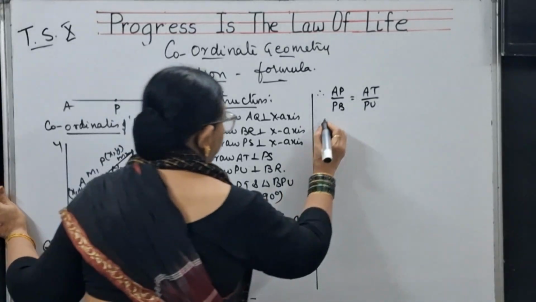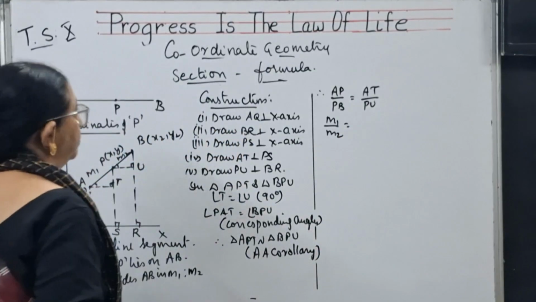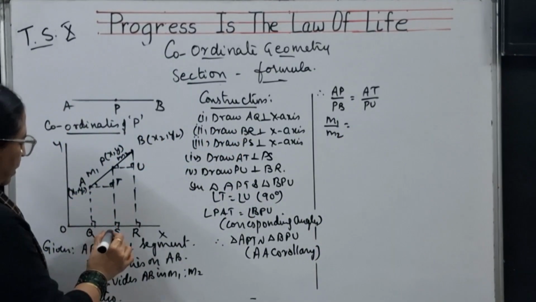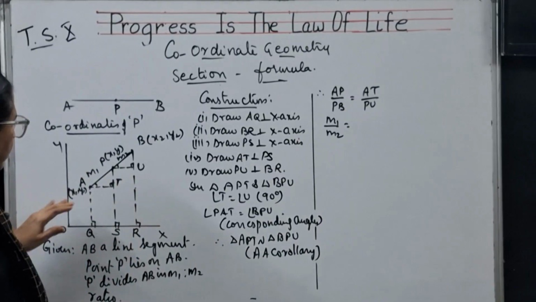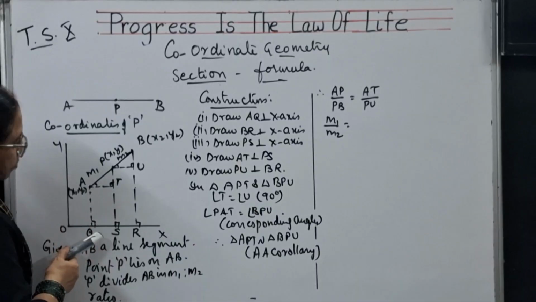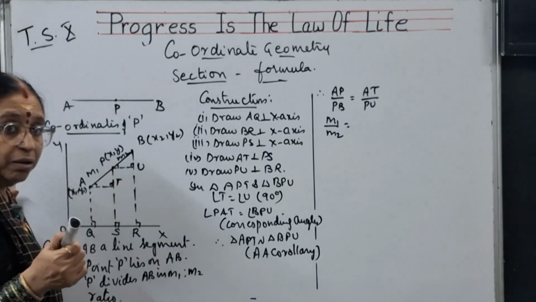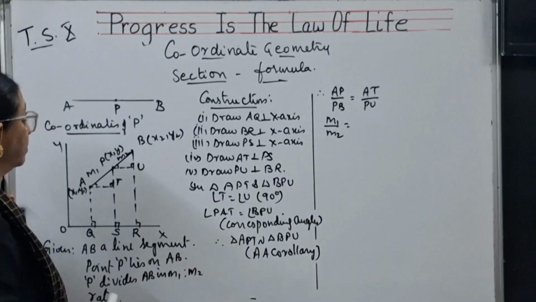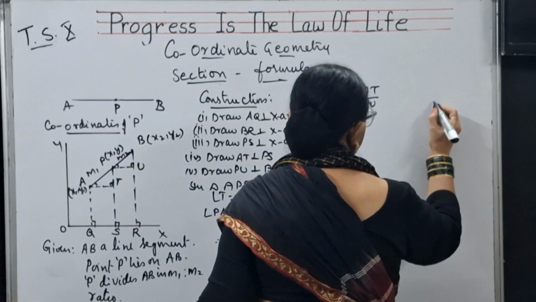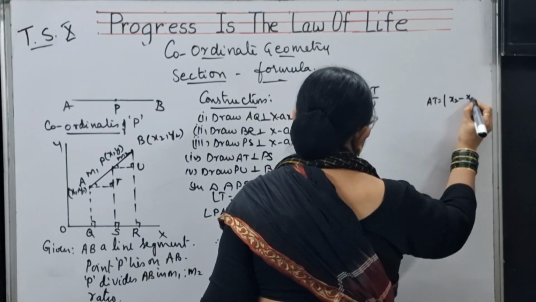So m1 by m2 is equal to AT by PU. AT is equal to QS, no? If AT is equal to QS, AT is parallel to QS. So it is modulus x2 minus x1. Actually, AT, in the rough column I will write AT is equal to modulus x2 minus x1.